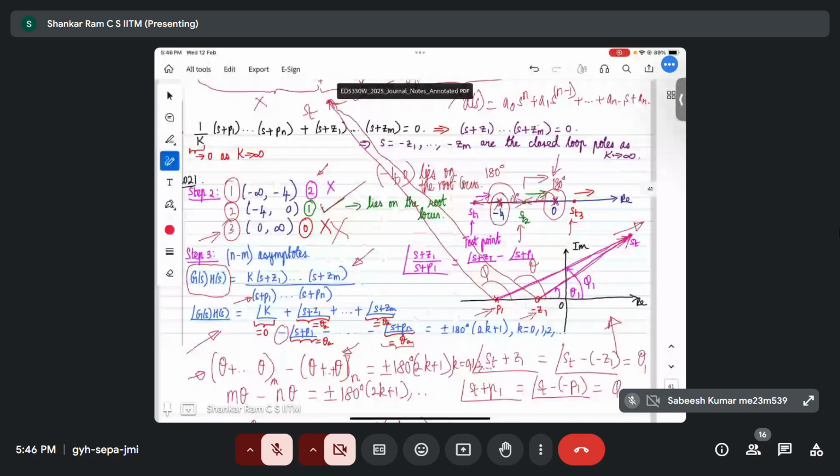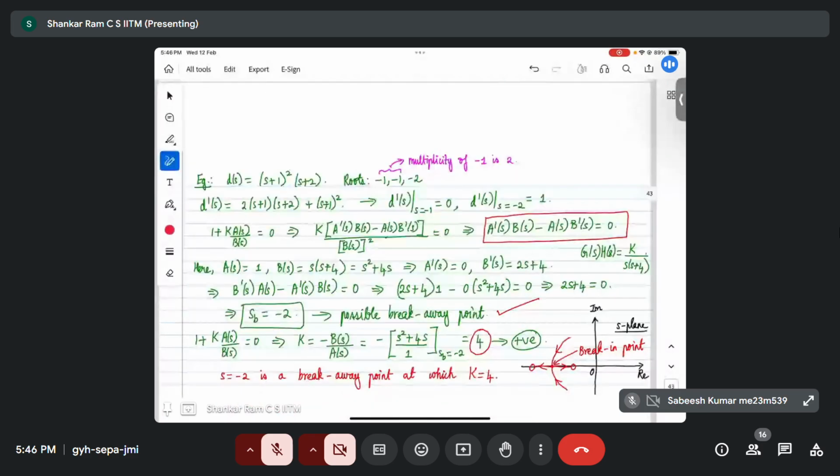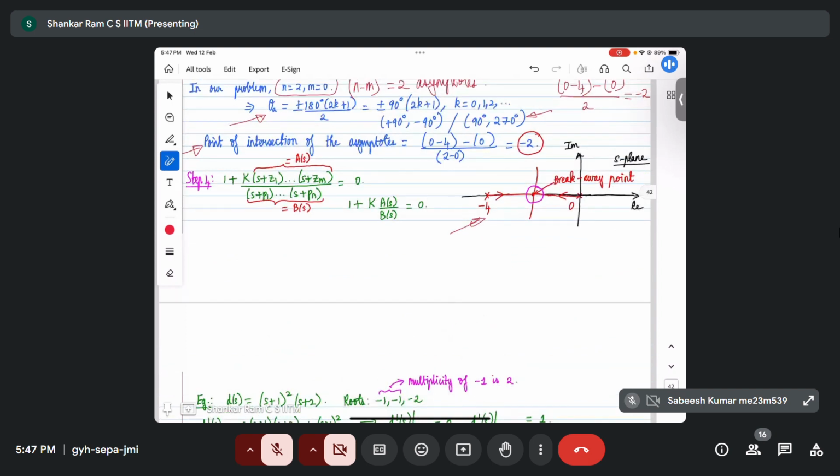So once again, I want to provide a very intuitive notion of breakaway and break-in points, in fact, of all the steps, so that you and I understand what's happening, and then we construct the root locus. Of course, one may ask, why are we studying all this math in a course on automotive controls?